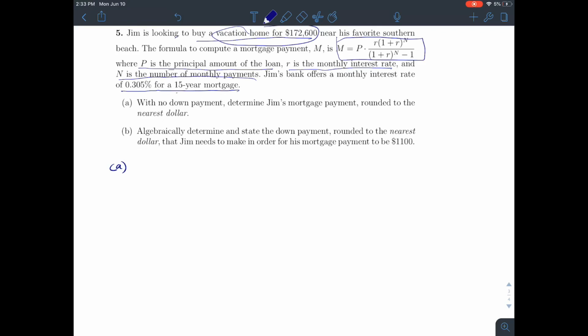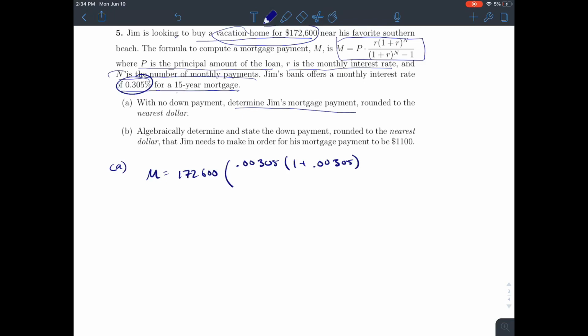So for part A, he's going to take out a loan for the whole value of the vacation home. So let's see. Determine Jim's mortgage payment. So M is unknown. His principal loan, the initial amount, is going to be the whole cost of the house with no down payment. The rate that he's going to be charged interest at is this percentage, but we have to convert it to a decimal, so it's 0.00305 times 1 plus 0.00305, all to the nth power.